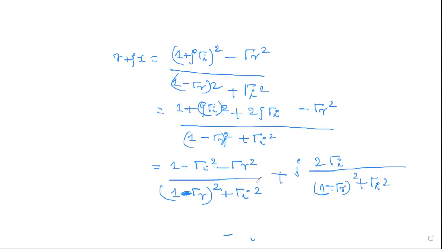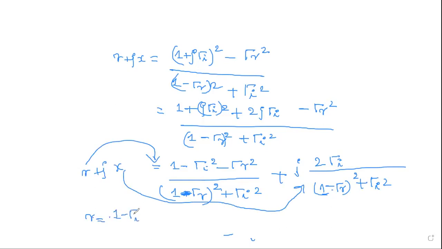So you can see now that the imaginary term we previously had in the denominator is eliminated. If you equate the real term and the imaginary term, R plus jX, R will take the real term and X will take the imaginary term. So R will be equal to 1 minus gamma I square minus gamma R square divided by (1 minus gamma R) whole square plus gamma I square.